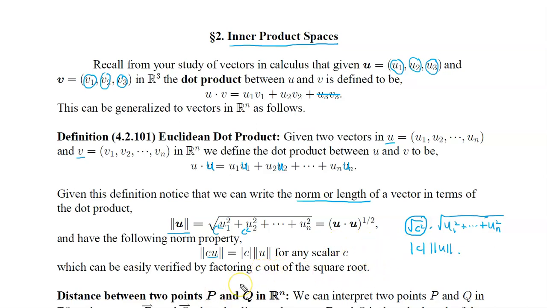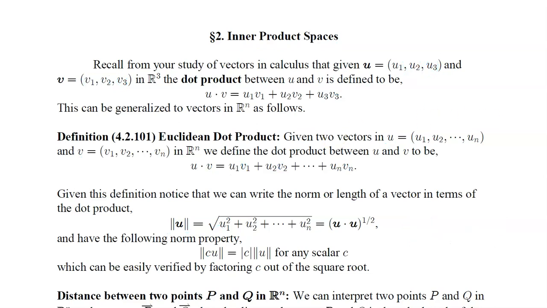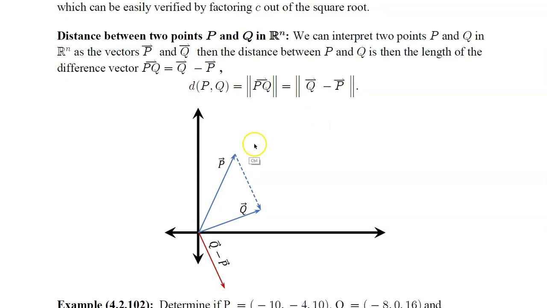Now let's take a note about the distance between two points in Rn. We've already worked with this previously, but let's just review it here. If you're given two points in Rn, P and Q, then you can interpret those two points as being two vectors. Just call it P with a little arrow over it, Q with an arrow over it, so two vectors.